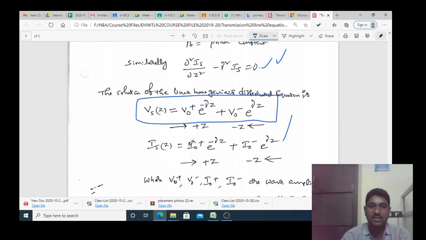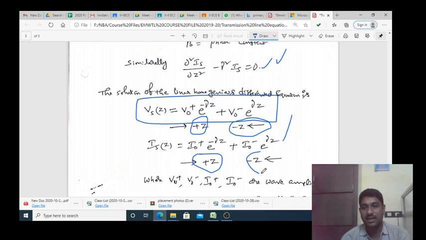By seeing these solutions, what we can understand is that whenever a wave is traveling from the generator to the load in a transmission line, there will be a wave traveling in the positive z direction, and there will be a reflected wave traveling in the negative z direction. Similarly, whenever the wave is traveling in a transmission line, the current also has two components: one is the positive z direction current, and the other is the negative z direction current.